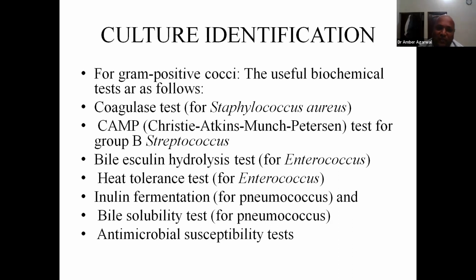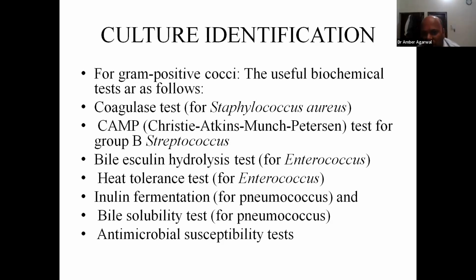And if you ask me, nowadays what is happening is you are having automated systems. If you have got good pre-analytics, you have got the sample properly, you have used good media, you have plated it properly, and you have got isolated colonies, a lot of identification is done at the colony part, because staph will give a different colony, Enterococcus will give a different colony, Streptococcus will give a different colony.